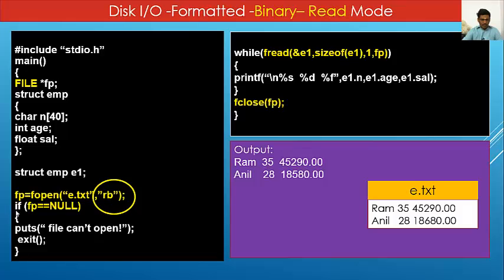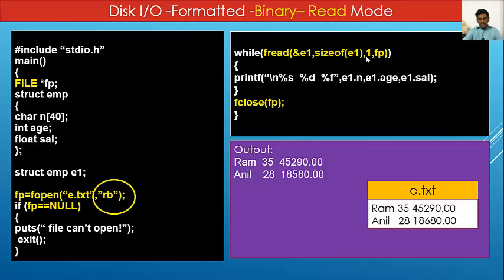If it successfully opens the file, it returns the address. If it is not opened, it returns NULL. If NULL is returned, it displays "file cannot open" and exits the program. If an address is returned, the condition is false and we continue.